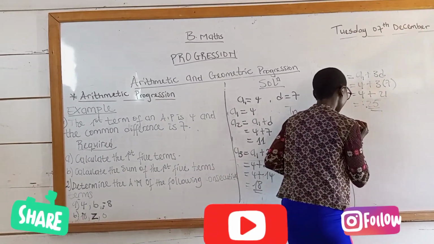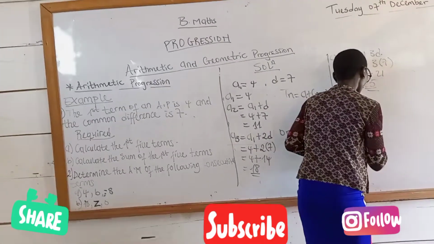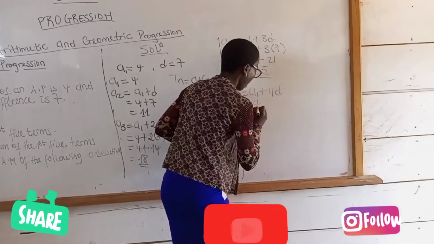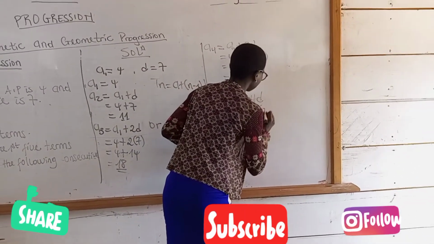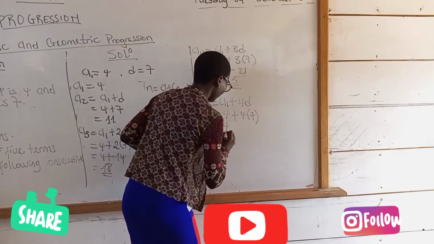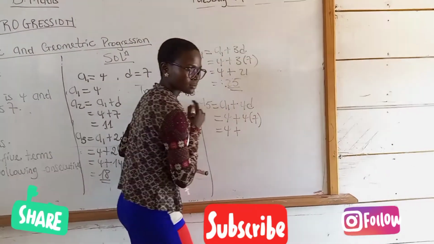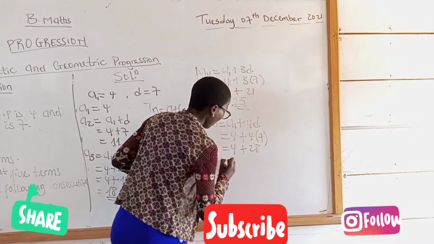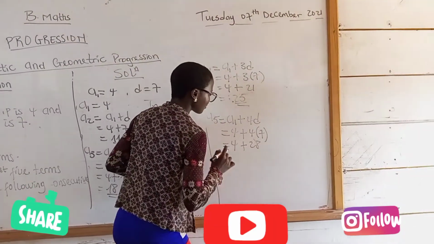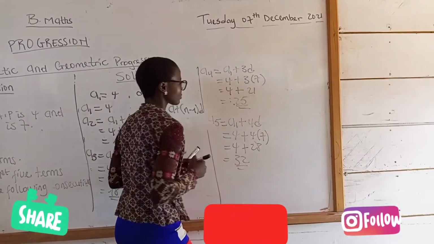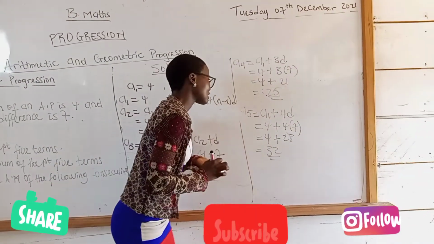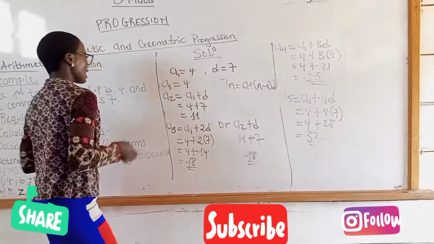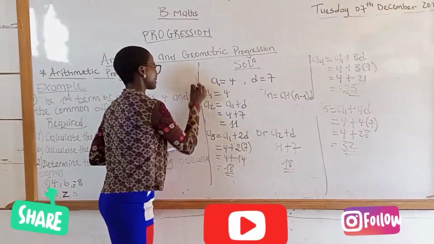The fifth term, which is A5, is equal to A1 plus 4D. A1 is 4 plus 4 in bracket, D is 7. 4 plus 4 times 7, 28. Then you take 28 plus 4 will give you 32. You can still do it like this, or you take 25 plus 7 will still give you 32. So that is for the first part, which is A.